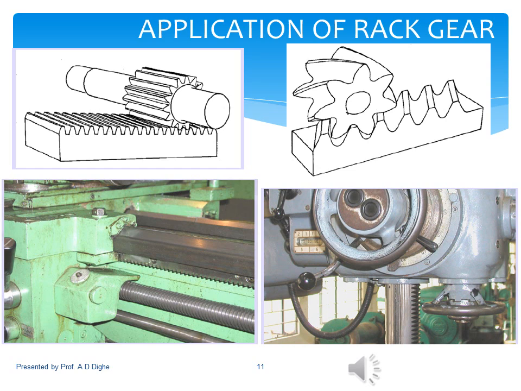It is also used in the vertical drilling machine where the position of a cutter can be changed with the help of a rack gear. So these are the two practical applications of rack gear which we can see in the workshop, and we can easily observe the movement of the elements if rack is used as a gear.